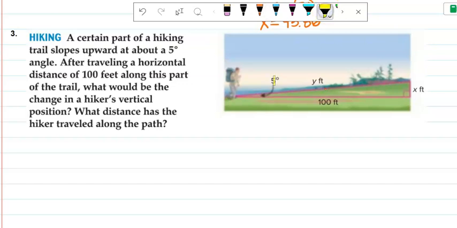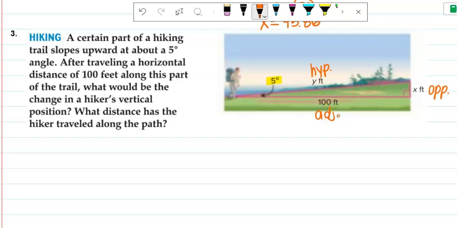So we can focus on the 5, right? That's our acute angle. Y is across from our 90, so that's going to be our hypotenuse. X is across from the 5, so X would be our opposite, and 100 is right next to it but not the hypotenuse, so that's going to be our adjacent.